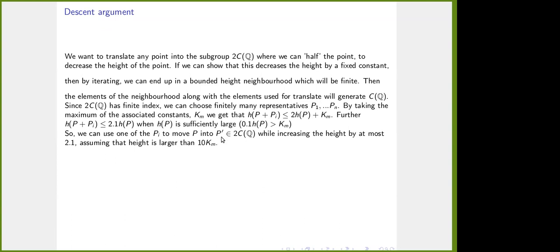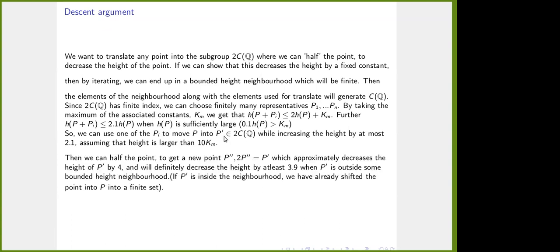And similarly, 3.9: we can decrease the height by 3.9 outside some large enough ball. The halving operation P goes to half P, assuming that it's well defined, will decrease the height by at least 3.9 outside some finite ball. The 3.9 instead of 4 is to get rid of that constant.